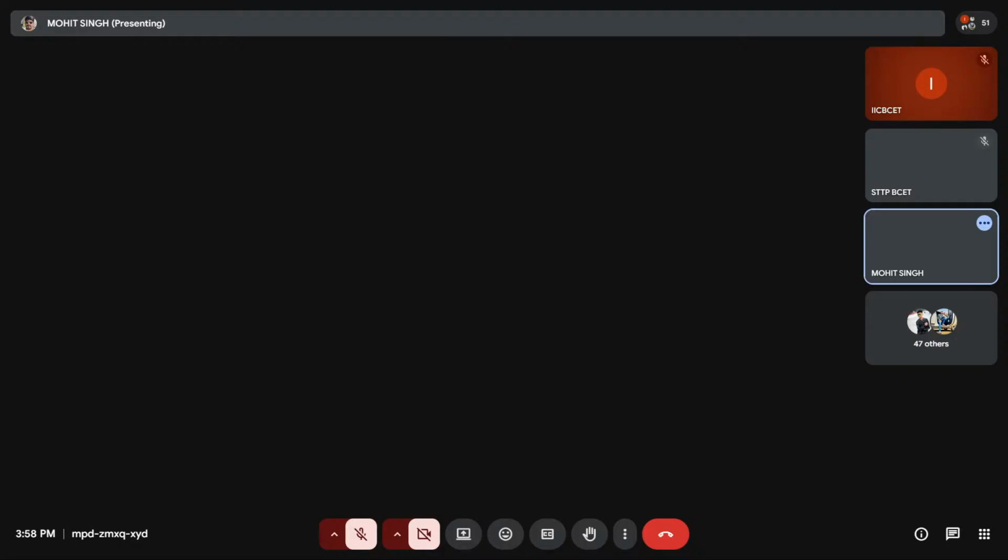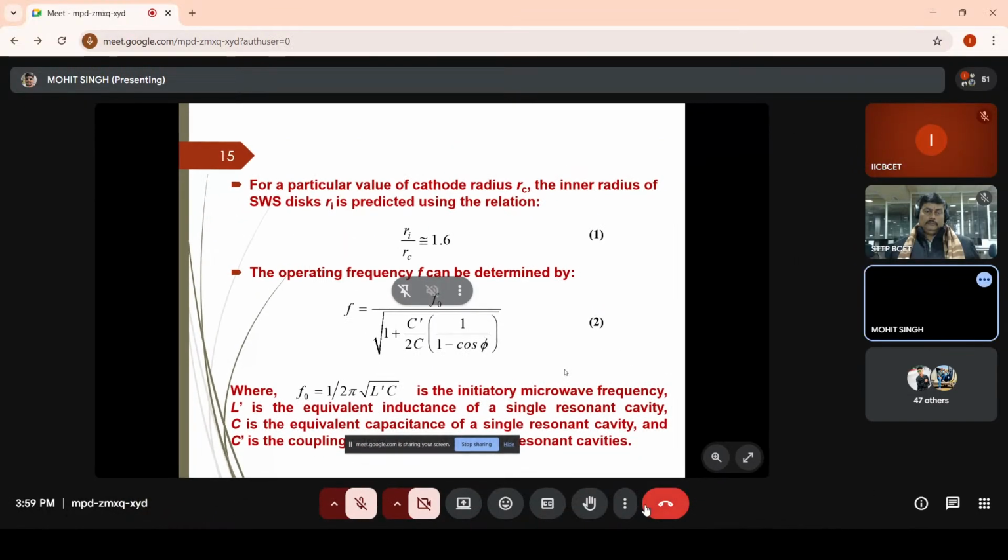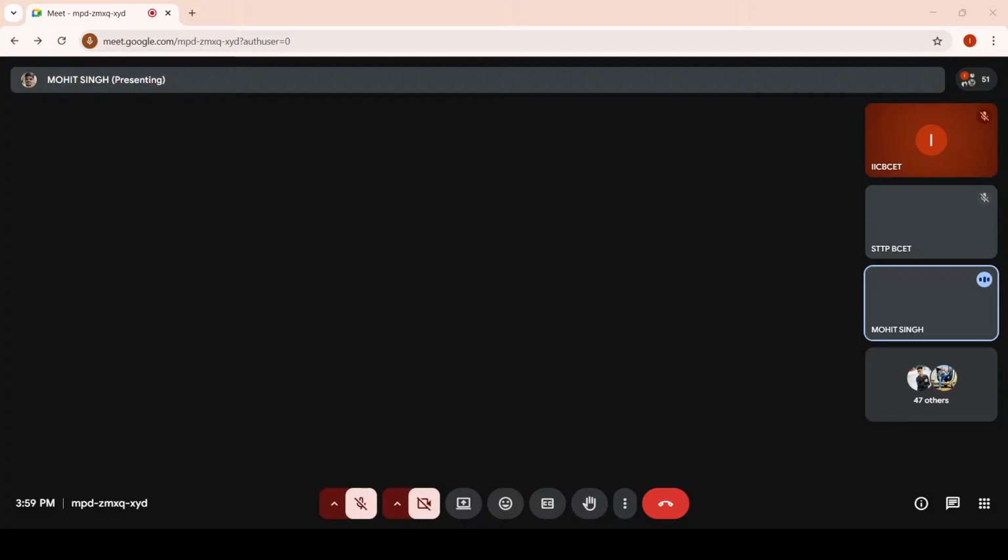We are not calculating Rc; it depends on what dimension of cathode is available in the market. Depending on that dimension, we calculate Ri. Basically, as a standard we have kept 25 mm, since a 25 mm cathode is available in the market.